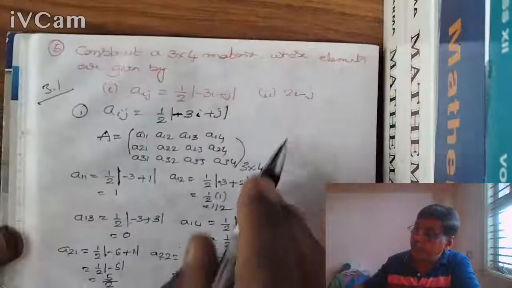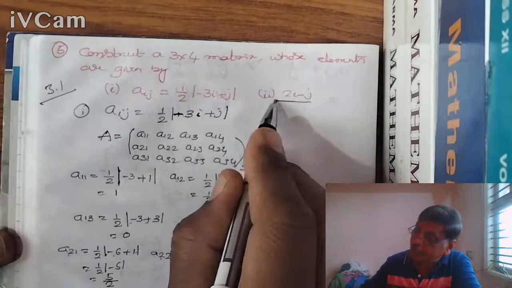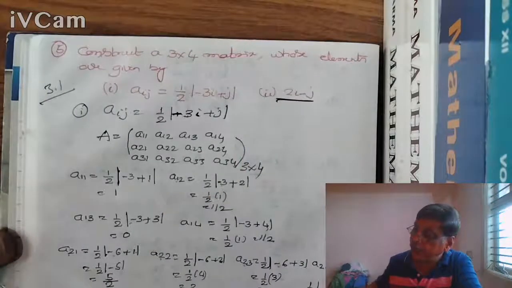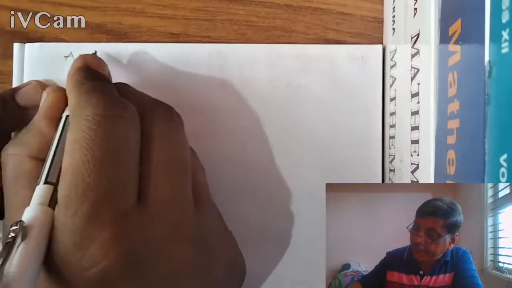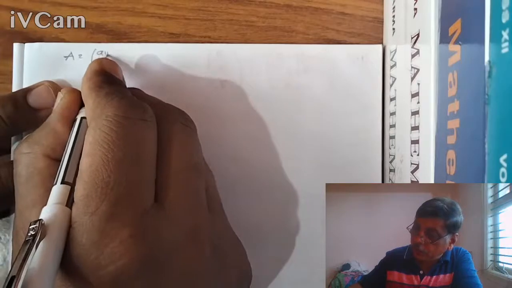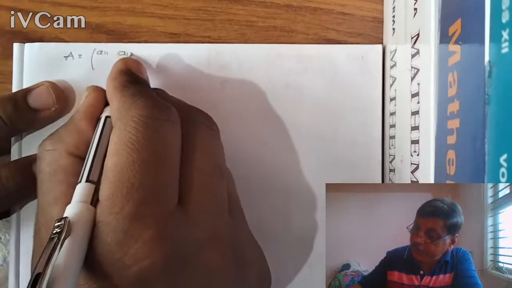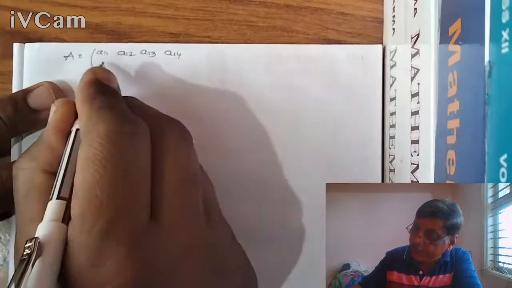Next we move to sub question 2. The general element is given by 2i minus j. Again you have to write the matrix with 3 rows, 4 columns: A11, A12, A13, A14.